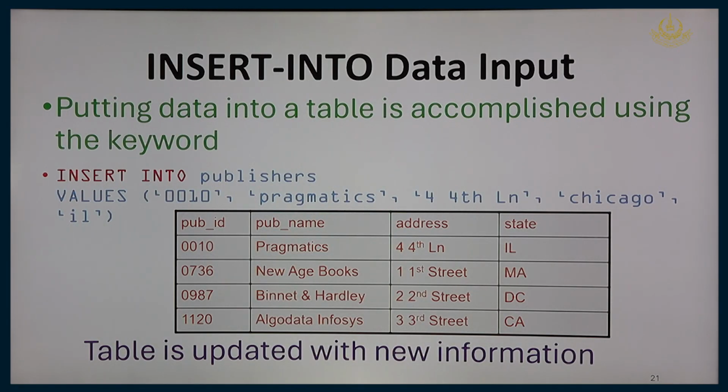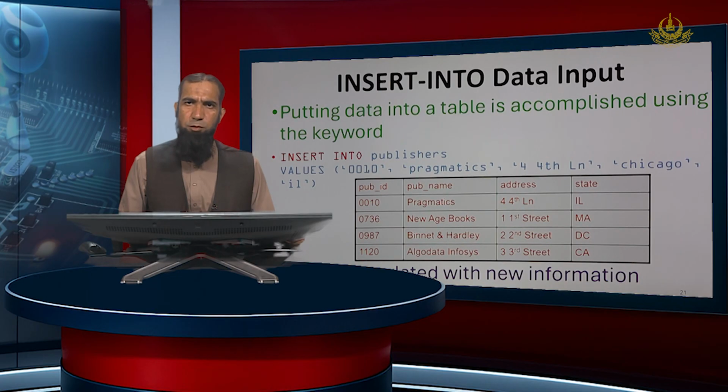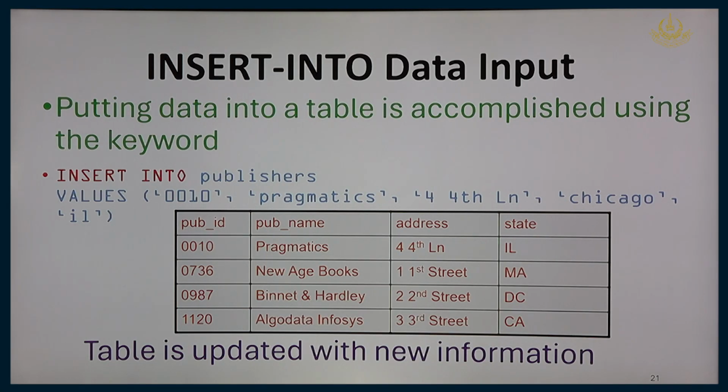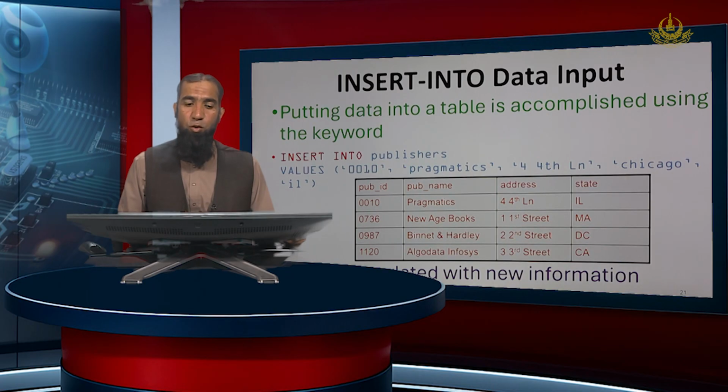Another practical example of inserting data into a publishers table. Insert into publishers, then the values are 0010, Programmatics, then the fourth value, Chicago. So it means we are inserting another record. So multiple records can be there.